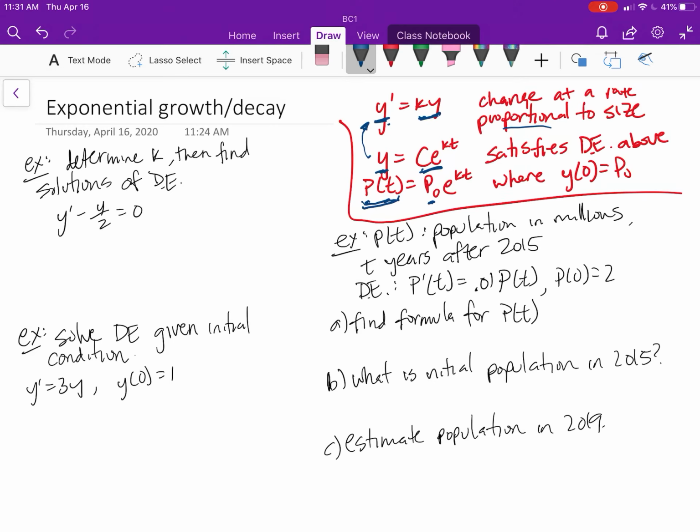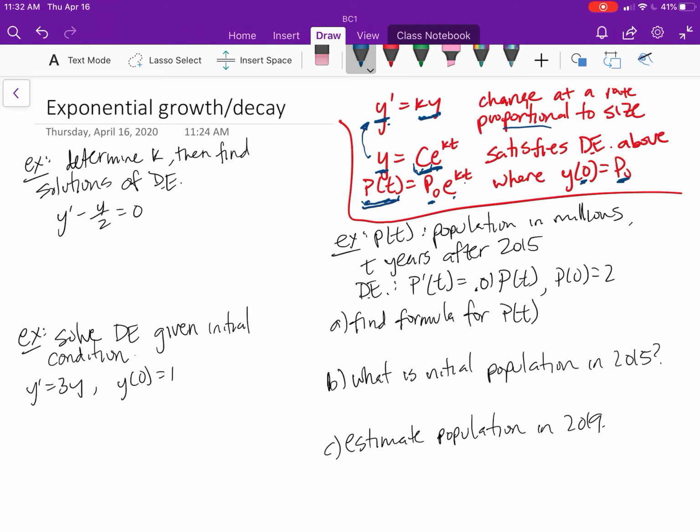The p sub 0, we call that p naught, and that just is in place of this c, the constant. And then e to the kt is the same. And then a side note I wrote where y of 0 is p naught. So that means just plug in 0 for t, right? That's what we get for p naught. It's the initial value. Okay, another way of writing, just substitute 0.